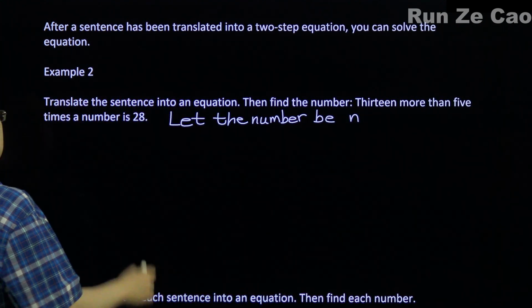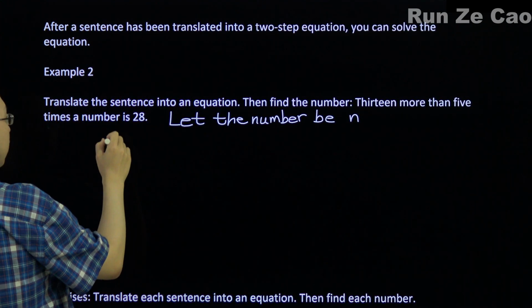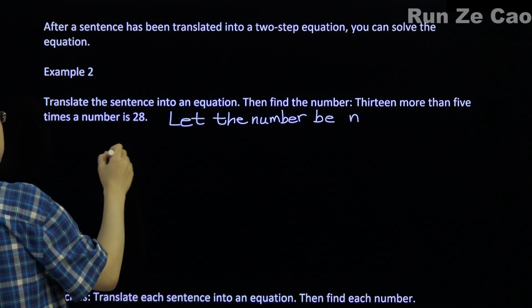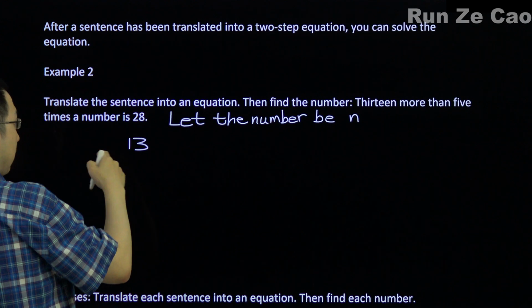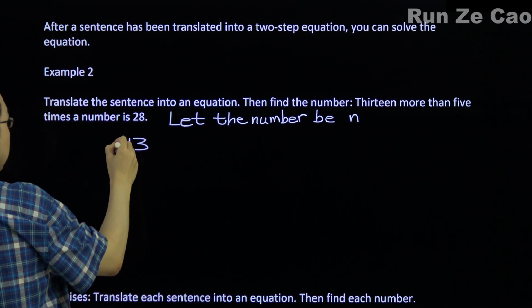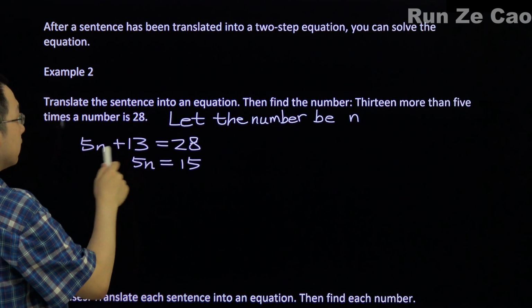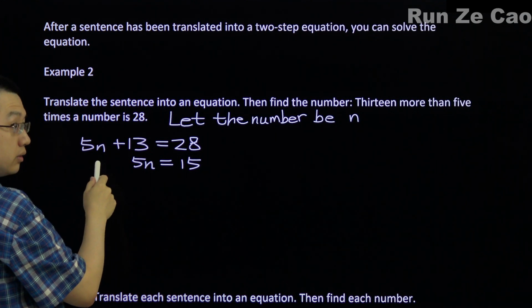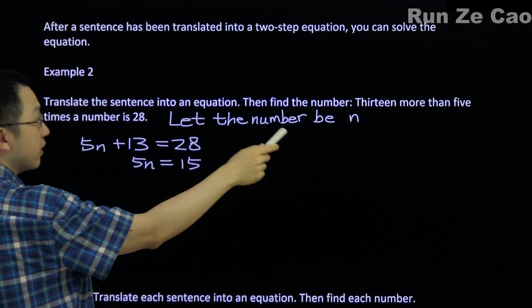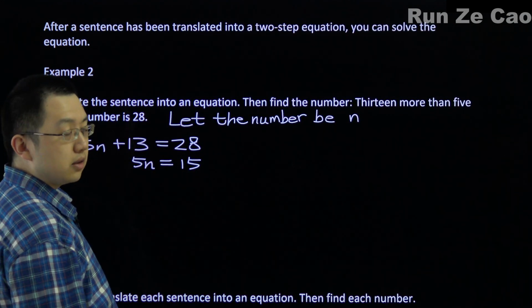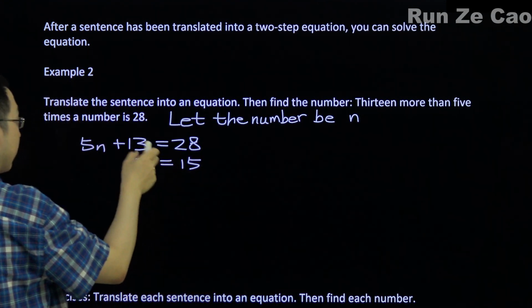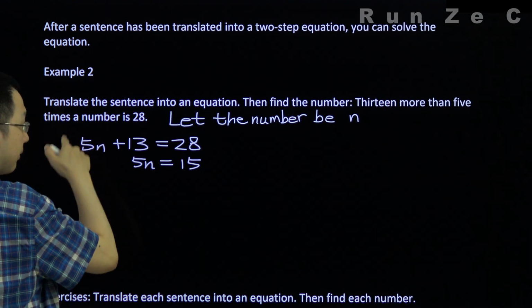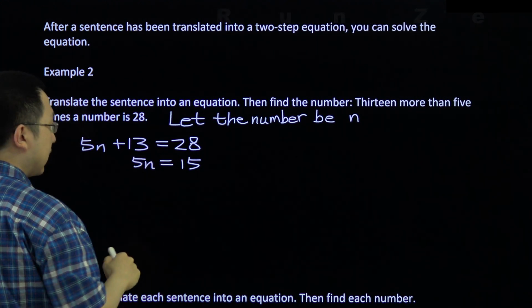Okay, so 13 more than 5 times. 13 is being added to the 5 times. So this is 13 more than 5 times a number. 13 more than, that means the additional 13 is being referenced to 5 times a number. And that gives you 28.